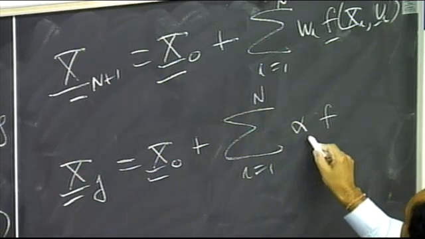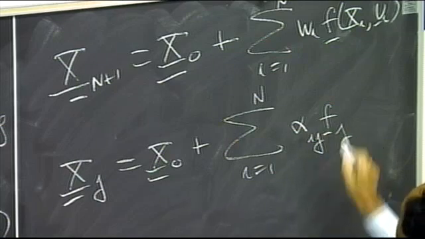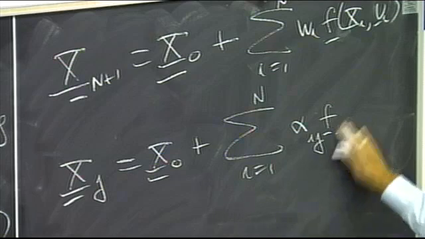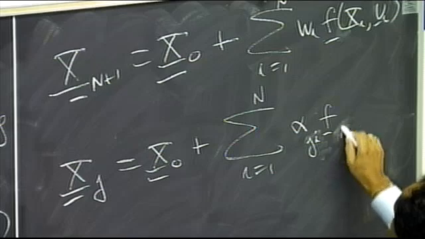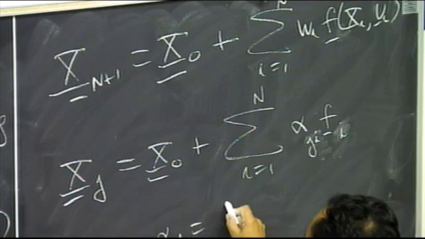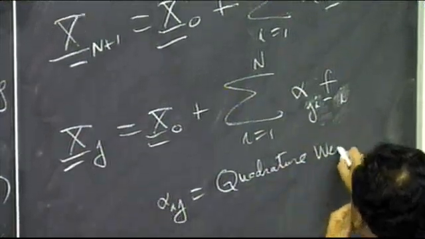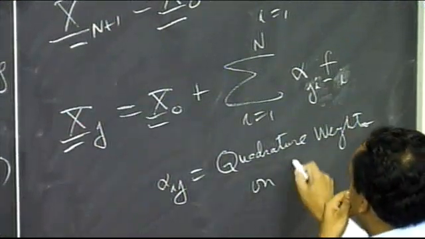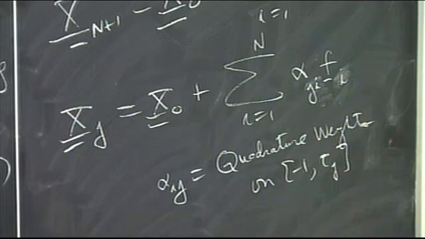If you want the same order as before, I'll flip the indices. So alpha ji are the quadrature weights on negative 1 to tau j. If tau j happens to equal 1, then they're the standard Gauss quadrature weights.